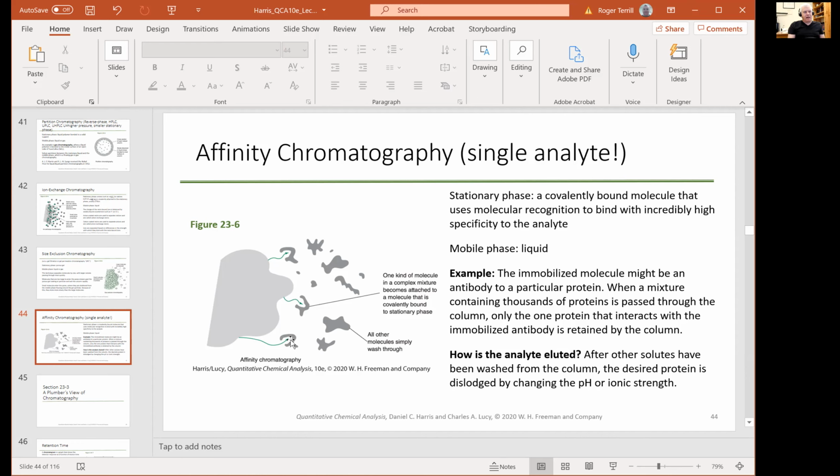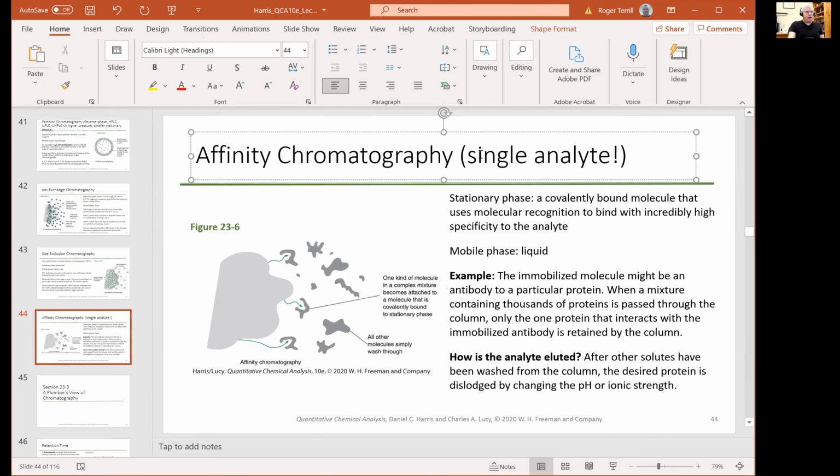And so it's not really chromatography, because it's only directed at a single analyte.